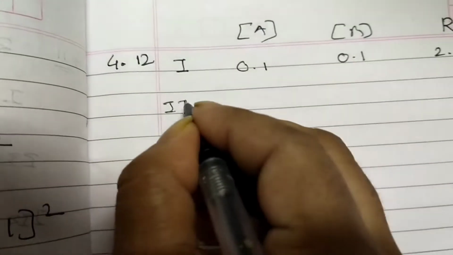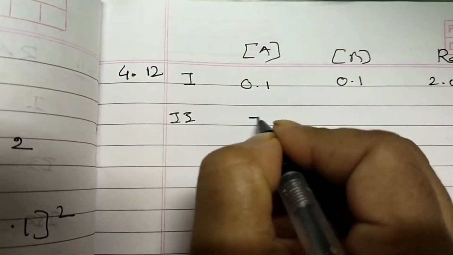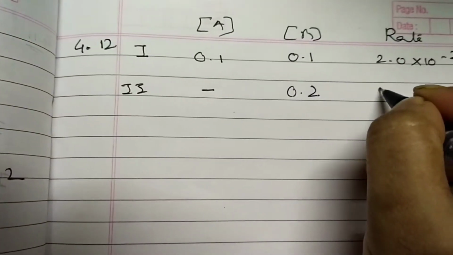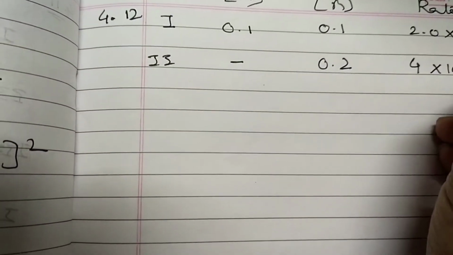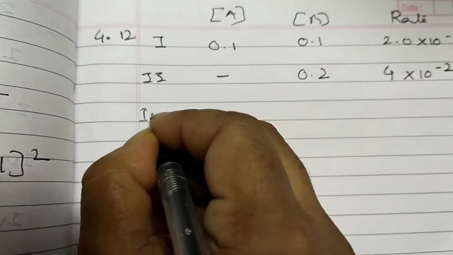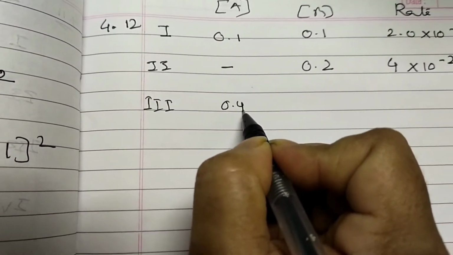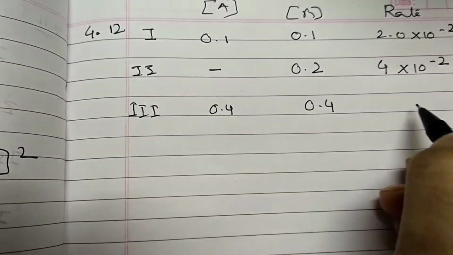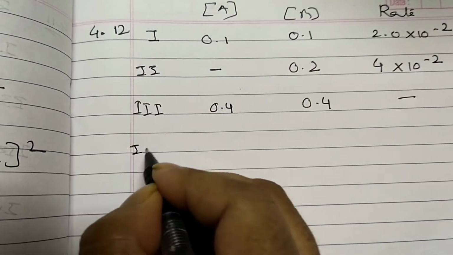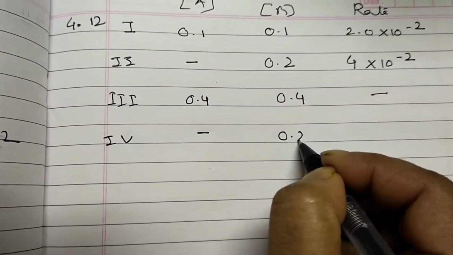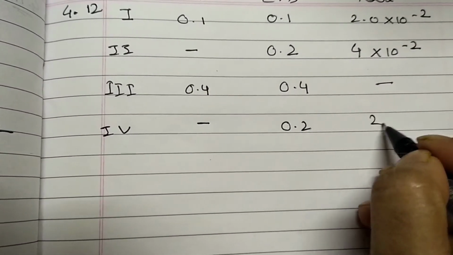For the second, the gap is coming, 0.2, and 4 into 10 to the power minus 2. For the third experiment, it is 0.4, this is 0.4, and this is a gap, meaning you have to find out the rate. For the fourth one, the initial concentration of A has to be found out, the concentration of B is given and the rate is also given.